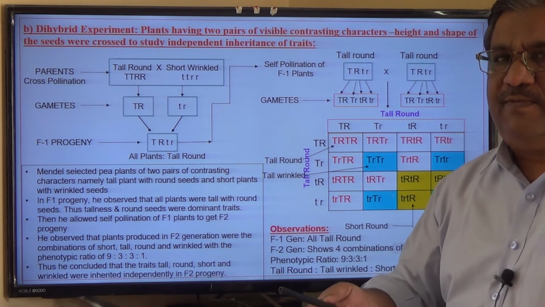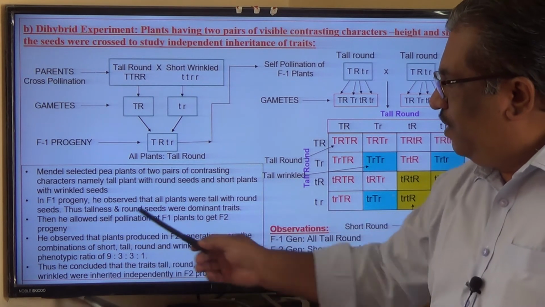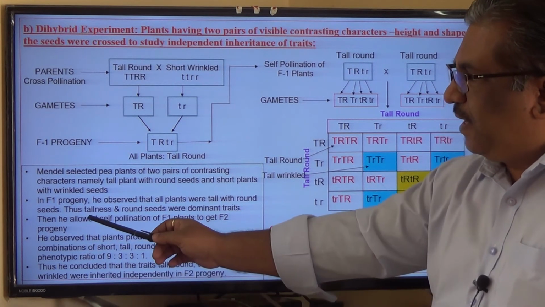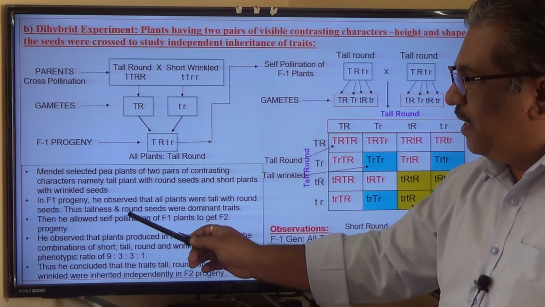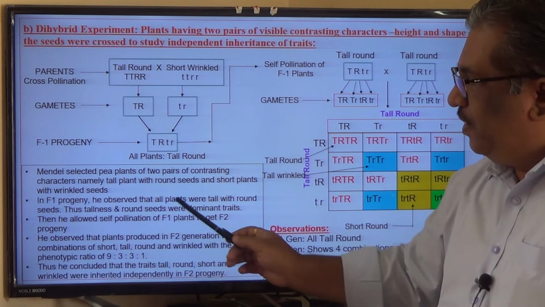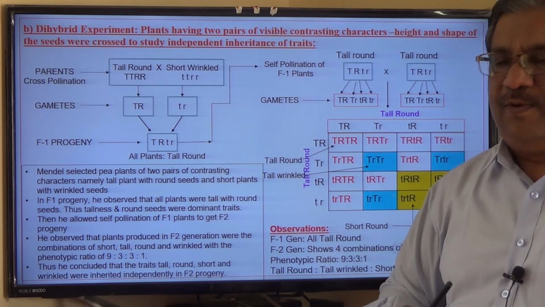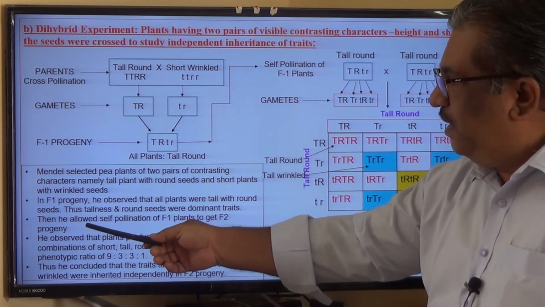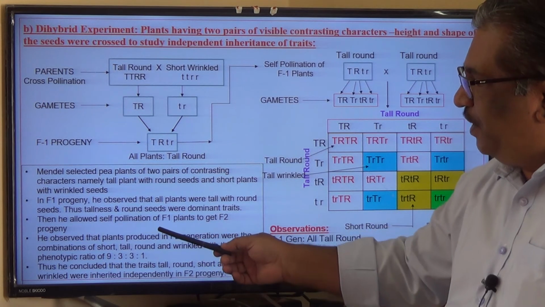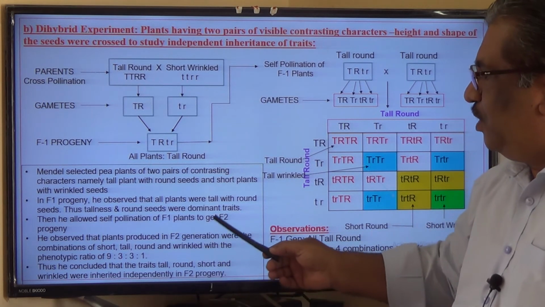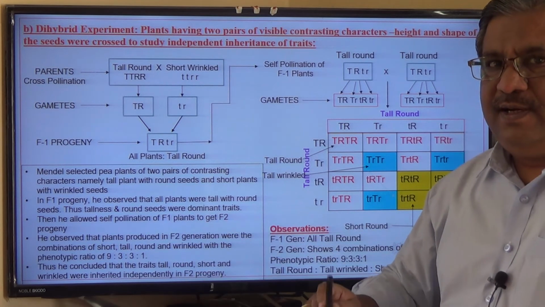All the plants in F1 progeny were tall plants with round seeds. Thus, can we say that tallness and roundness were dominant traits in F1 progeny? Yes, absolutely.